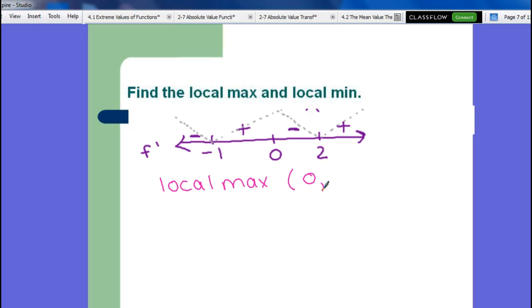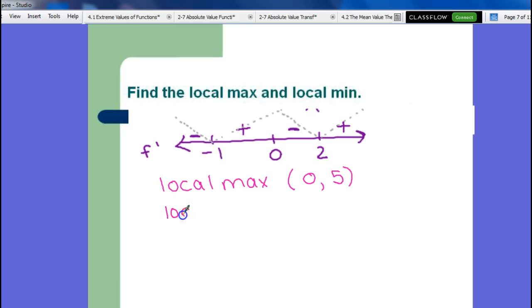To the original. So it's going to be 0, 5. So if you want to know the exact point, you plug this x value back into the original. How do I know this is not an absolute max? Unless I have a closed interval, right? This is going to be increasing indefinitely.